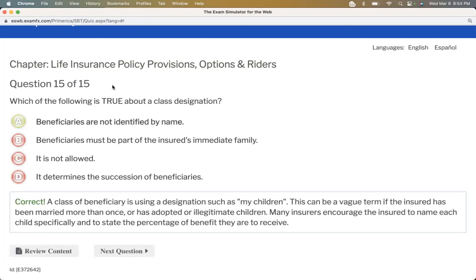So what is class designation? That means you name the beneficiaries without giving them a name. For example, if I want to give my children the money, then I'm going to put all children equally. So I didn't have to name all three children. I just put all children equally. Boom, that's it.